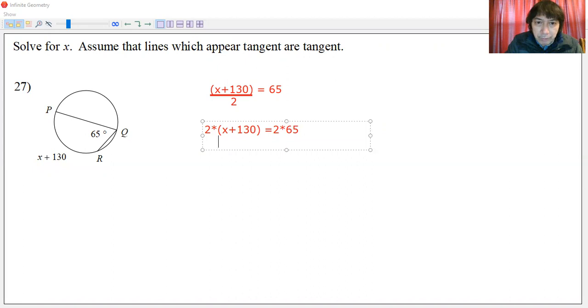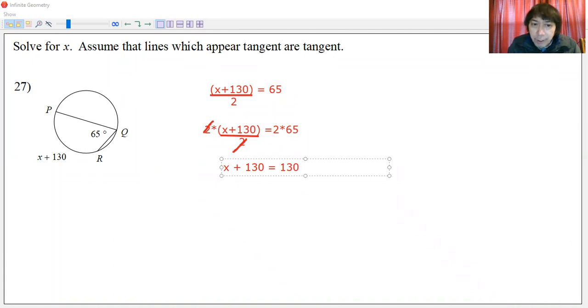We still have the over 2 here. If we multiply both sides by 2, the equation will look like this, and the 2 cancels out there. The left side is left with x plus 130, and this is equal to 130.